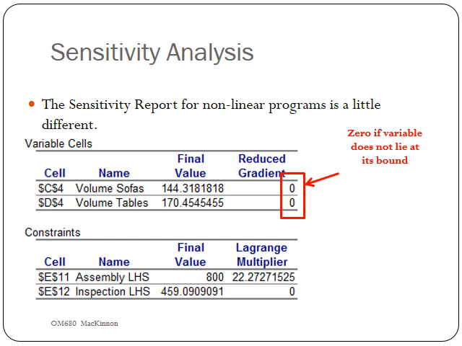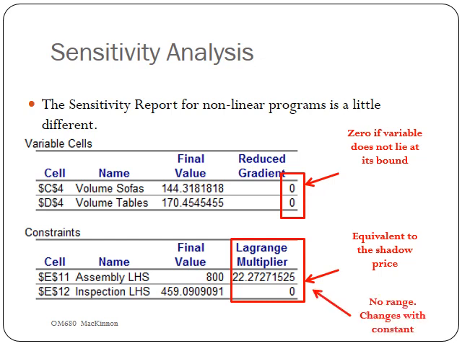For constraints, what we used to call the shadow price is now called the Lagrange multiplier. Notice that there is no range, no allowable increase or decrease, because if you change the value of the constraint, then the shadow price will change. So there is no range.